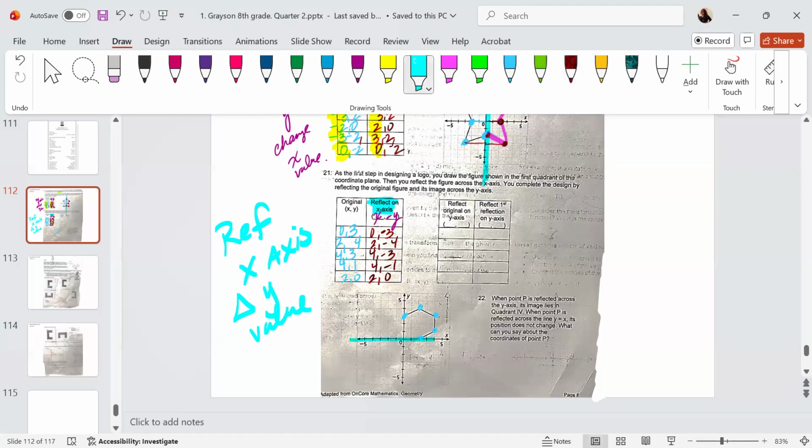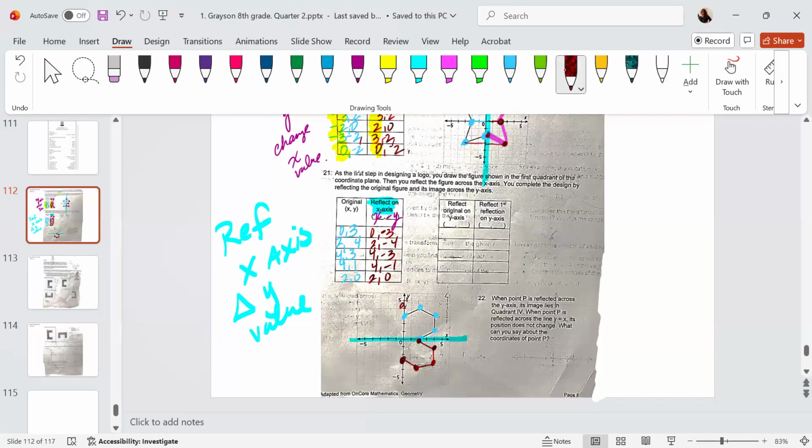So here's your x-axis, correct? My new set of points should be here, here, here, here, and then here. Then just connect the dots.